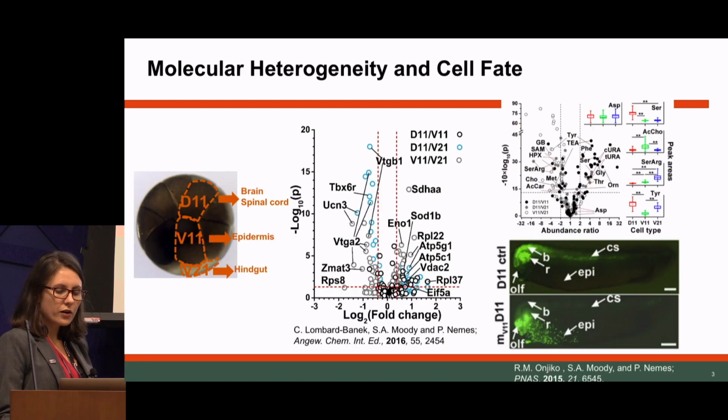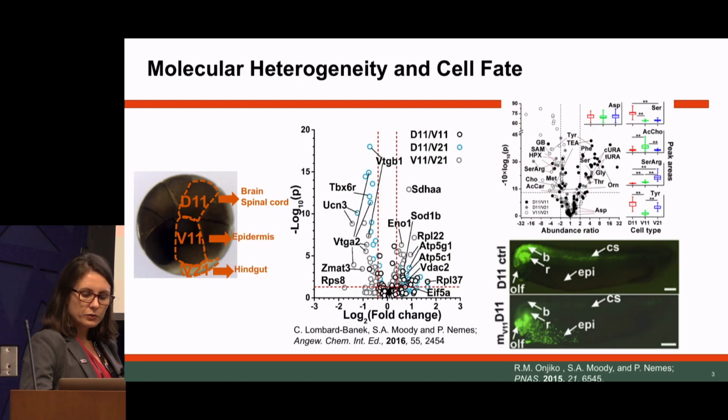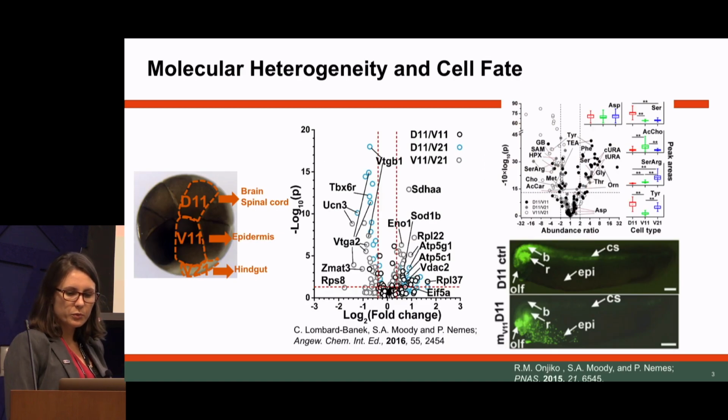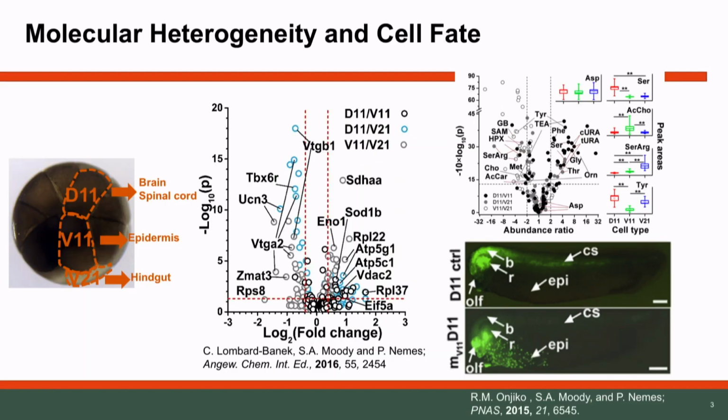And so our early work doing spatial proteomic analysis of the 16-cell embryo demonstrated that those cells actually have different proteomes. Even though they are not differentiated yet, we can already tell which cell is which based on the proteome, as shown here by the volcano plot.